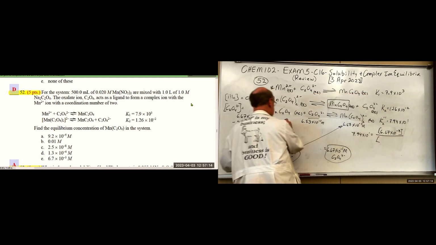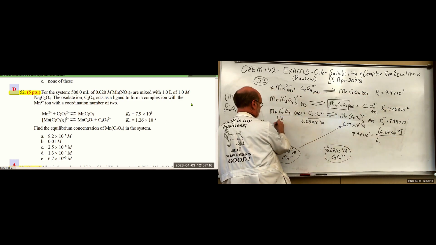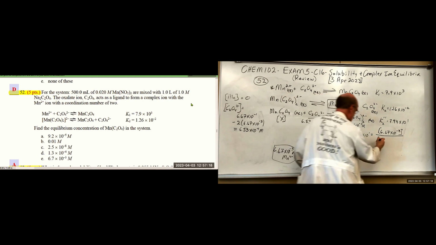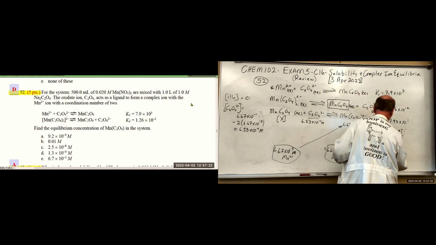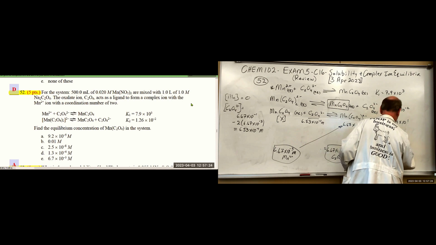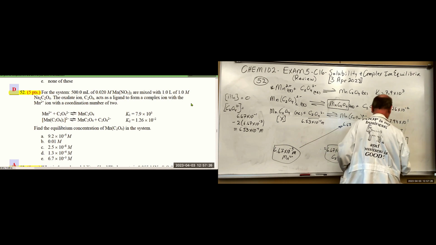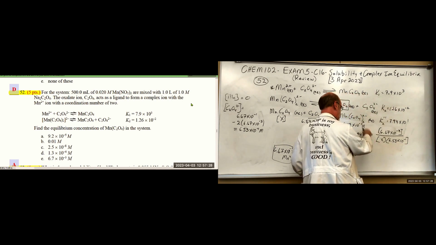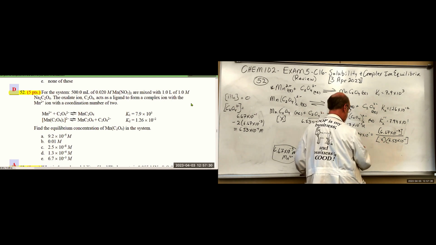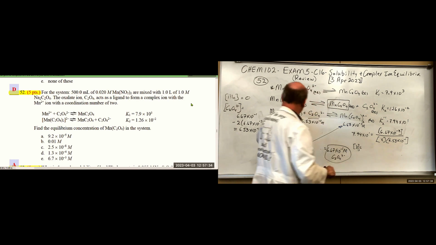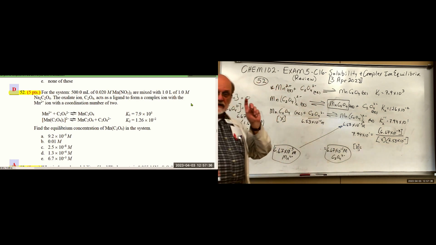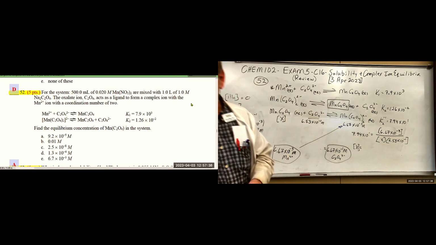Let's call this one X, and then 6.53 times 10 to the minus 1. So we solve for X. Bring the X over here, put that one in the denominator. And we should have our equilibrium concentration for the single oxalate of manganese.